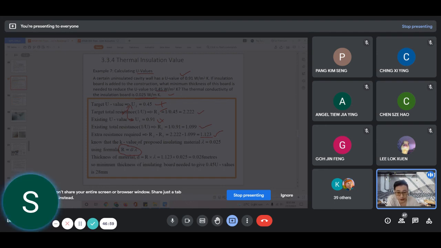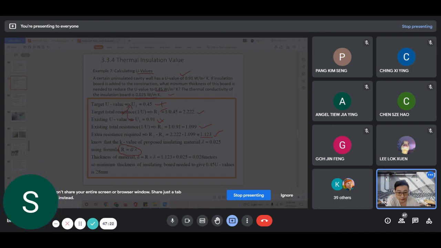So using this formula, R equals D over lambda, you'll be able to work out the extra thickness of the material required to insulate this cavity wall to the thermal insulation value that we want.